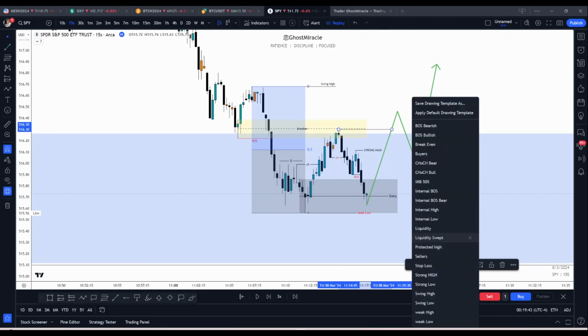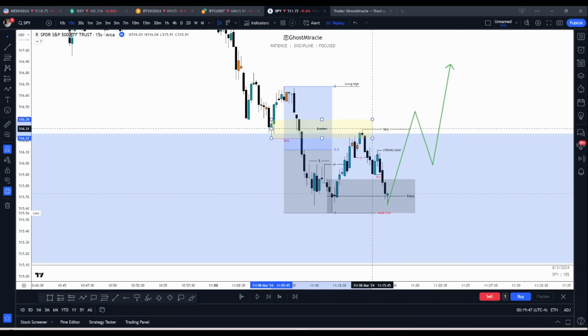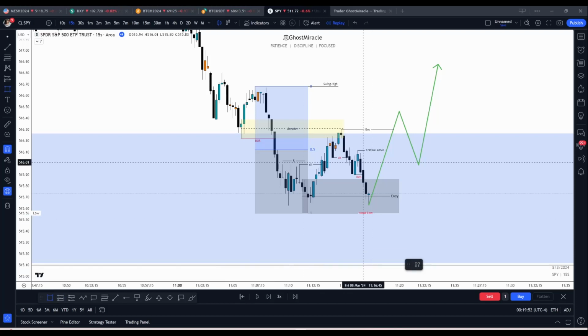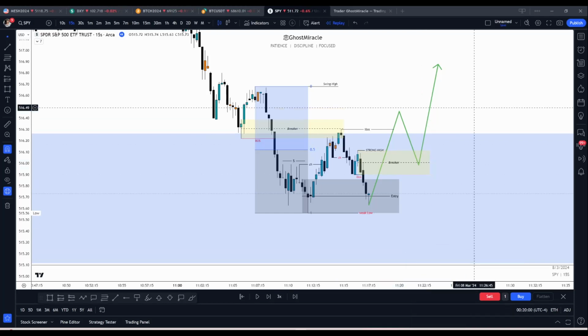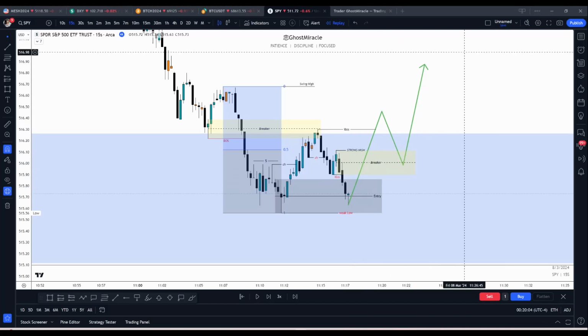So this is what I would be looking for, for this internal break to occur to the upside, and then utilize this failed supply zone as your entry to the upside.